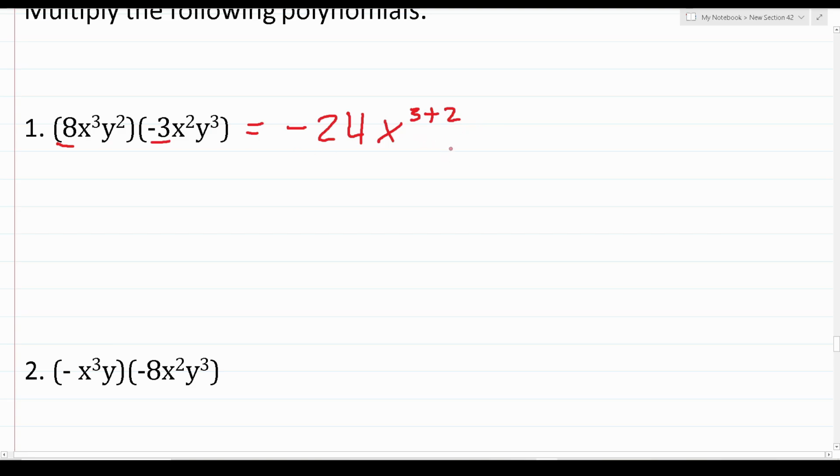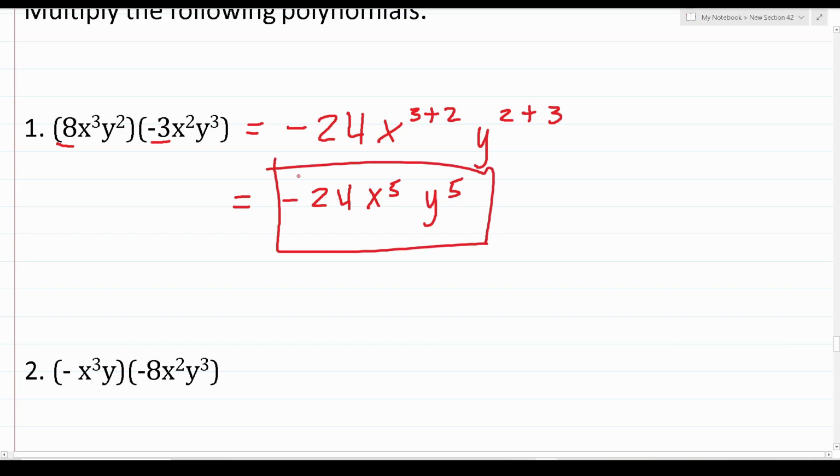And then finally, we have y squared times y to the third. Again, according to the product rule, we just add those exponents. So this becomes 2 plus 3. And let's go ahead and simplify this a little bit further. This is negative 24 x to the fifth y to the fifth. And let me box that to indicate I'm done with that one, but nothing too difficult there.